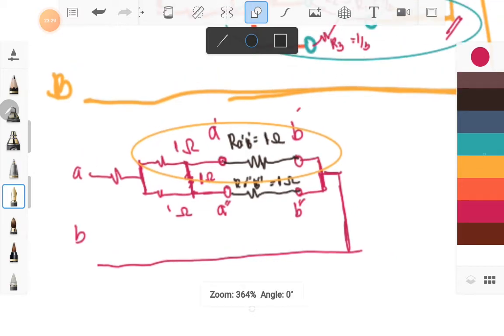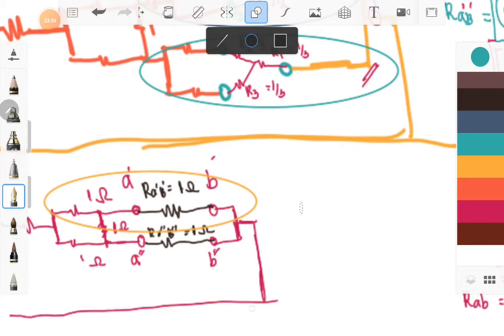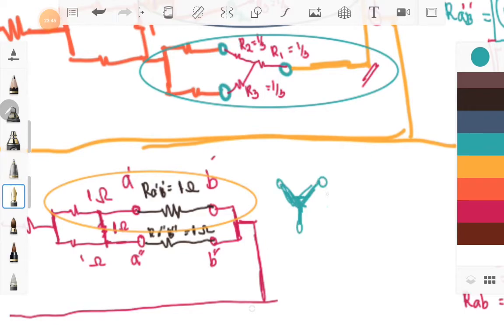Mapapansin mo that this figure is in T connection. So from T to delta connection tayo. From T or from your Y, parehas lang yung Y sa T ha. So from your Y connection to your delta connection. So invert natin yung delta natin para mas maganda tignan. Okay, delta connection from your Y to your delta connection.